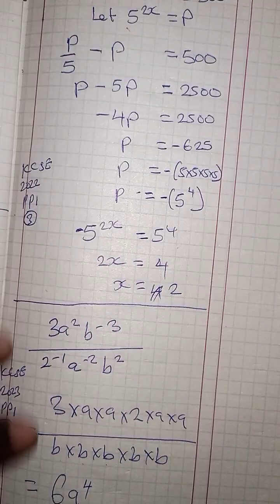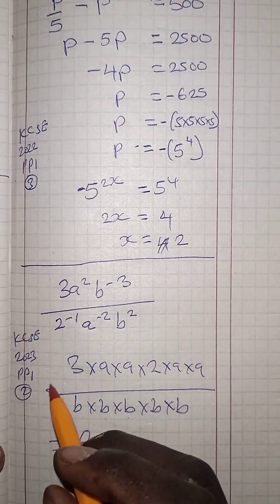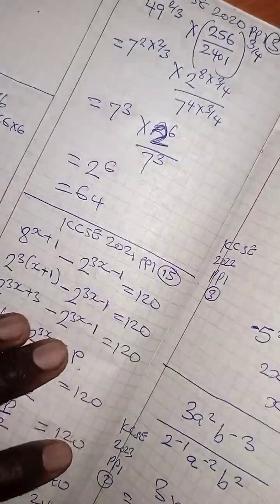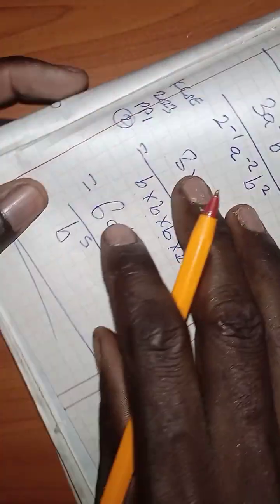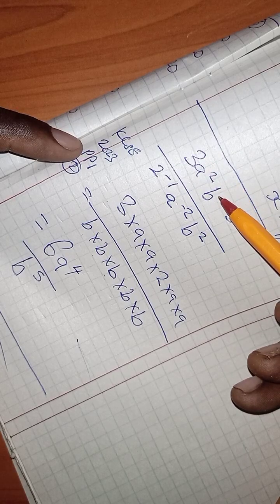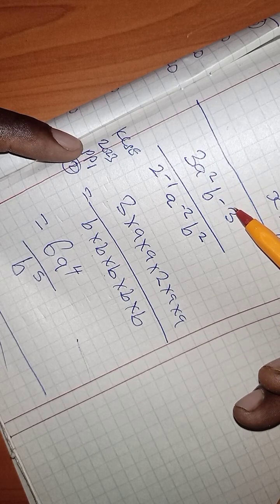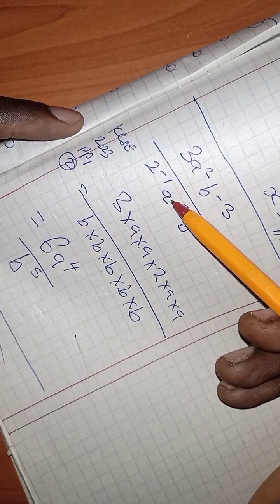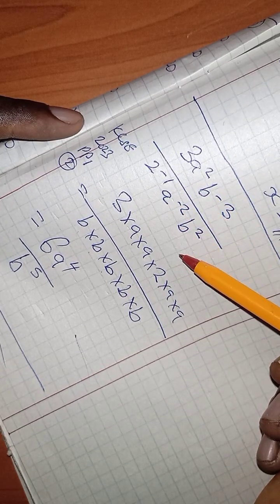And lastly, a recent question, that is 2023, students were told to simplify this expression. We have 3a squared multiplied by minus 3b, all over 2 to the minus 1, a to the minus 2, b squared.